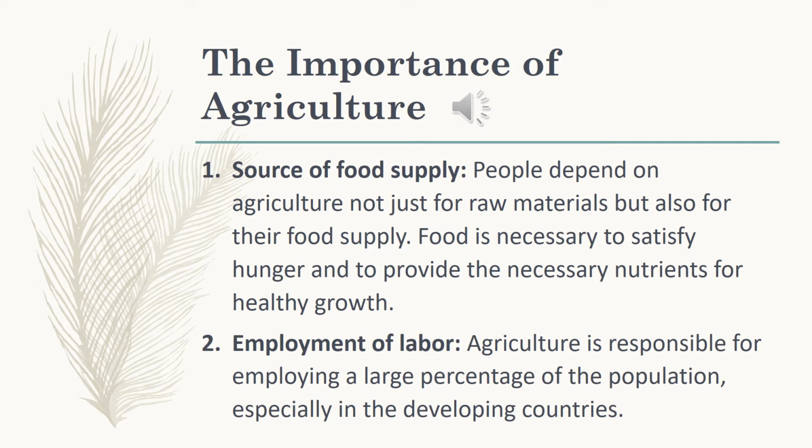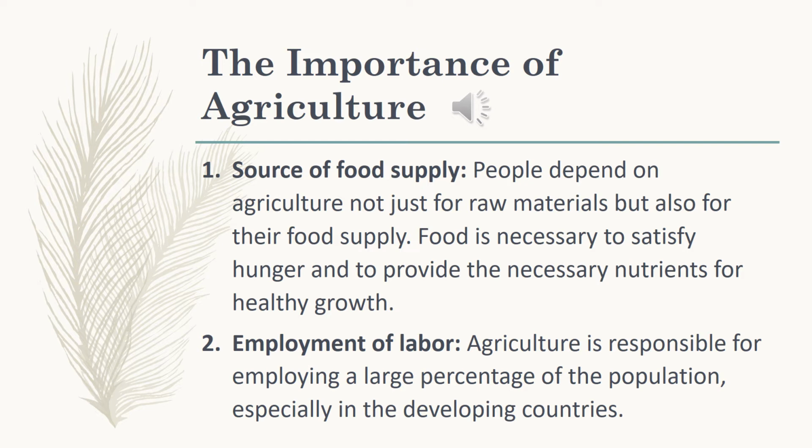Okay, students, now we discuss the importance of agriculture. Number 1. Source of food supply. People depend on agriculture not just for raw materials but also for their food supply. Food is necessary to satisfy hunger and to provide the necessary nutrients for healthy growth.